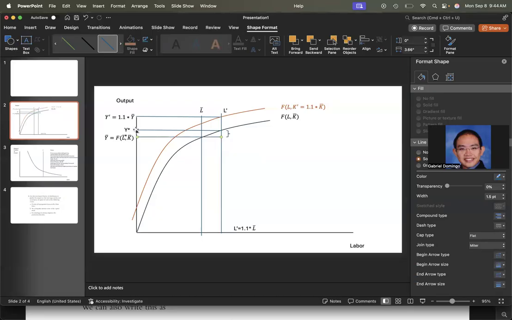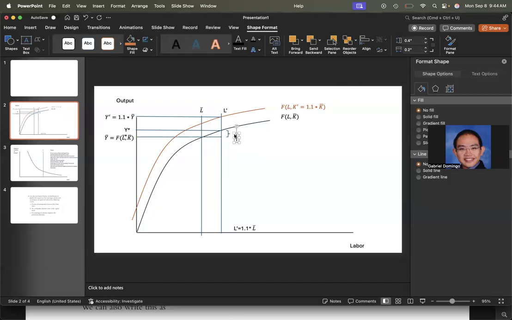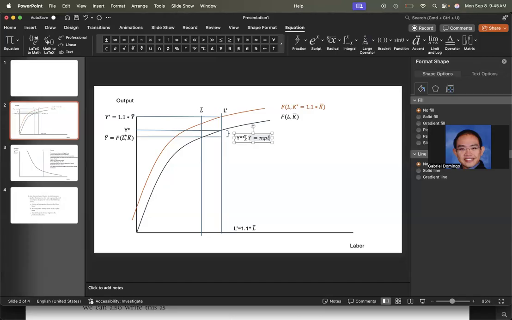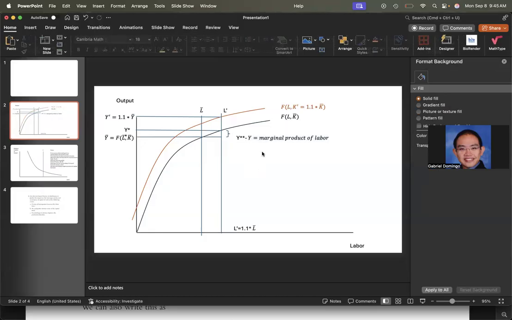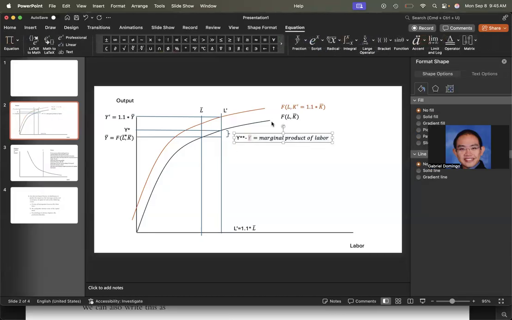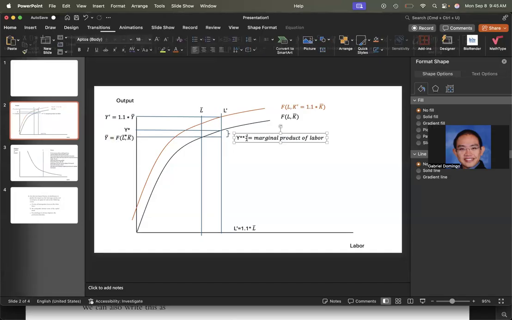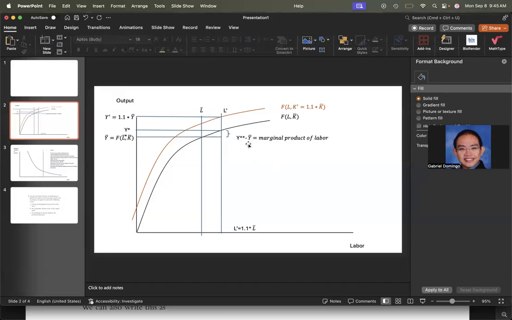So the gap between Y star star and Y bar, this gap that we're talking about right now, is Y star star minus Y bar. And that's going to be equal to MPL, or the marginal product of labor. Let's copy the whole thing. There. This Y star star minus Y bar, that's the marginal product of labor.